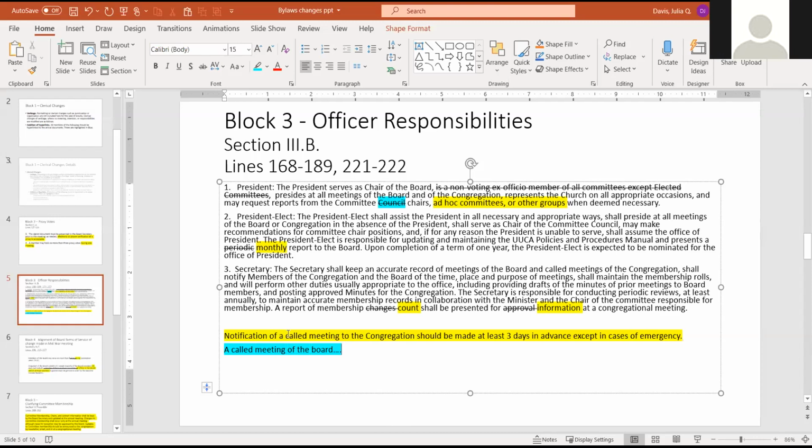A called meeting of the board. What you need to say is the congregation needs to receive at least 3 days notice in advance of any called meeting of the board.